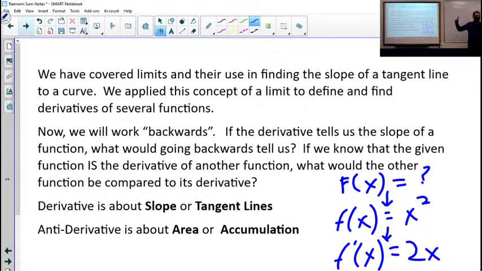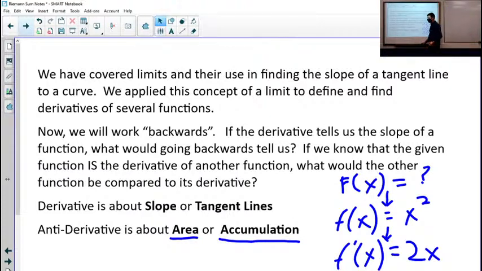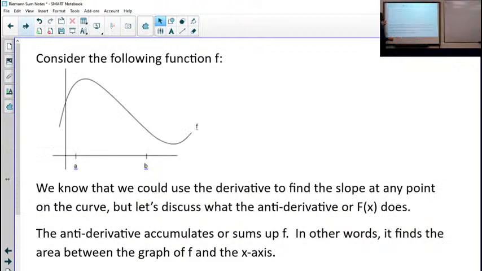This is going to be called an antiderivative because it's working the opposite direction of the derivative. And what this function is going to tell us is going to be area, or in other words, accumulating an amount. So that's what the antiderivative is going to tell us. And we're going to talk about something pretty similar to what we talked about before.